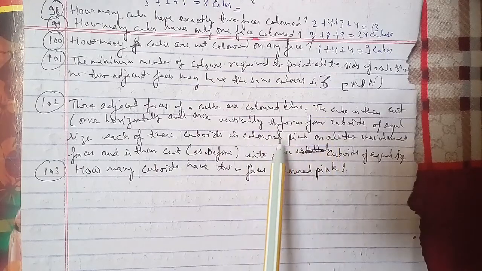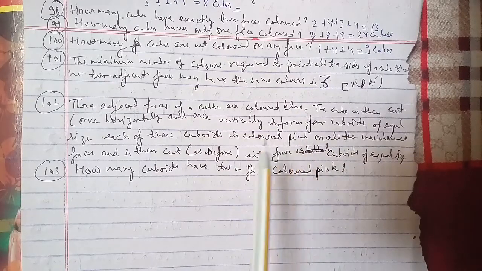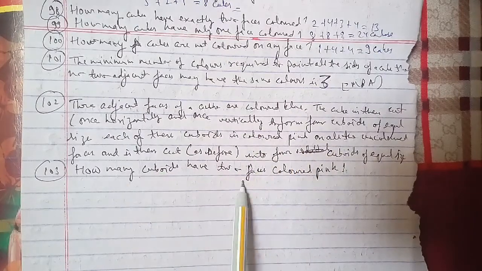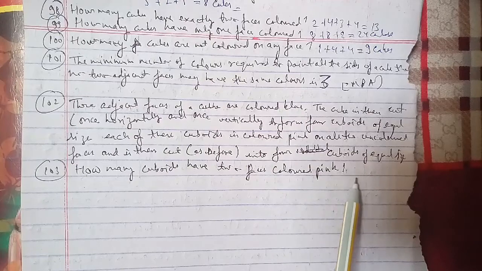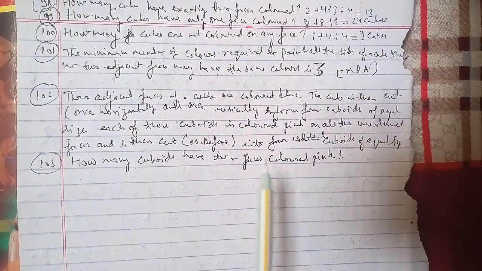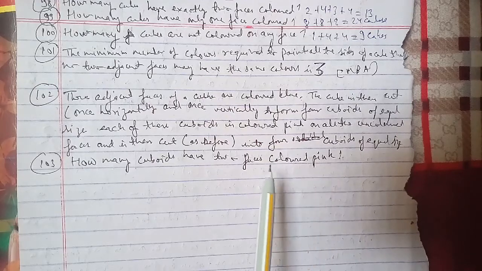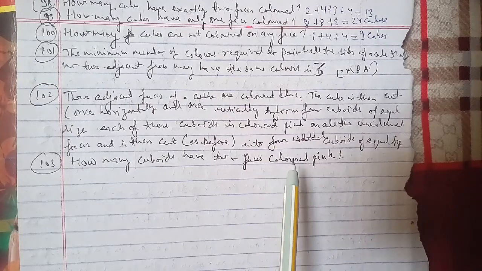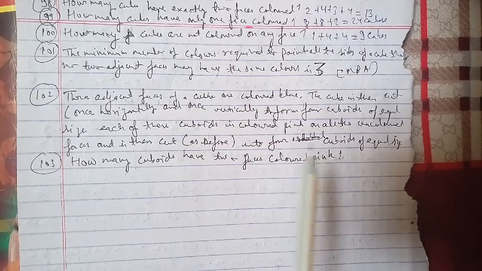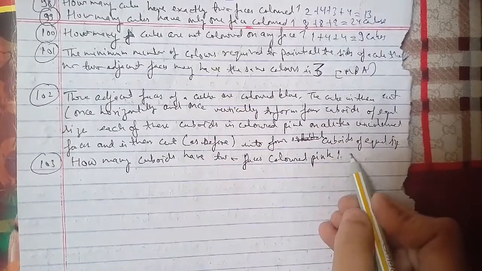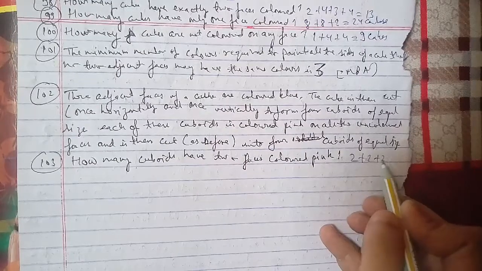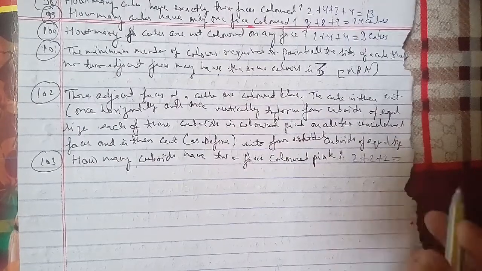So how many cuboids have two faces colored pink? There are two cuboids in set 1, two cuboids in set 2 and two cuboids in set 3 having two faces pink each. So 2 plus 2 plus 2 equals 6 such cuboids.